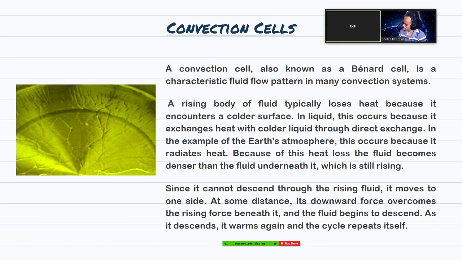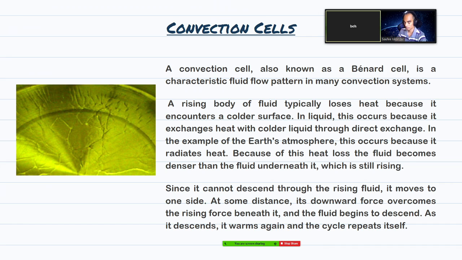Okay, convection cells. A convection cell, also known as a Benard cell, is a characteristic fluid flow pattern in many convection systems. A rising body of fluid typically loses heat because it encounters a cooler surface. In liquid, this occurs because it exchanges heat with colder liquid through direct exchange.